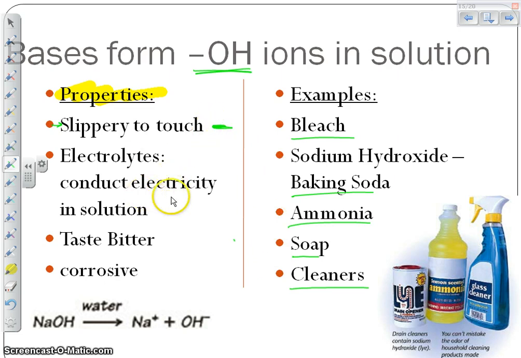They as well conduct electricity in solution because you have a whole bunch of negatively charged ions, and as you have ions, it's going to conduct electricity when it's in solution. Bases taste very bitter, and they're also corrosive. And you should be able to again look at this equation and tell me that this is a base because it ends in OH.